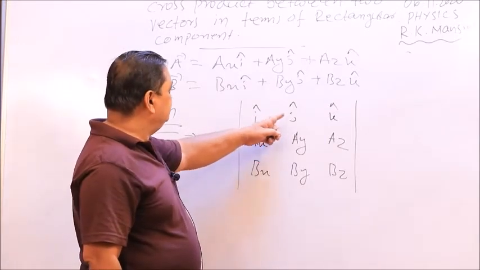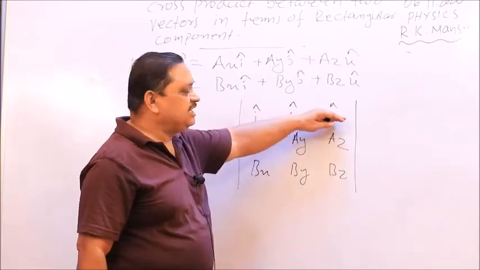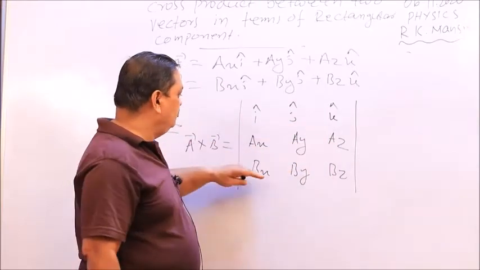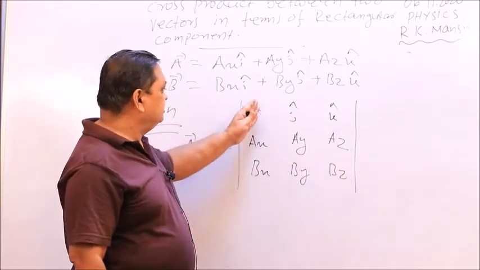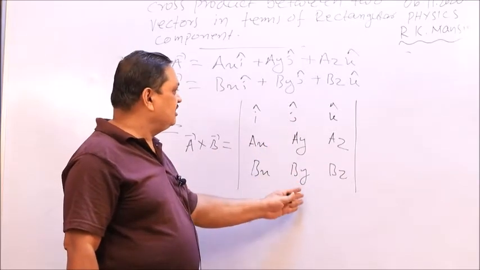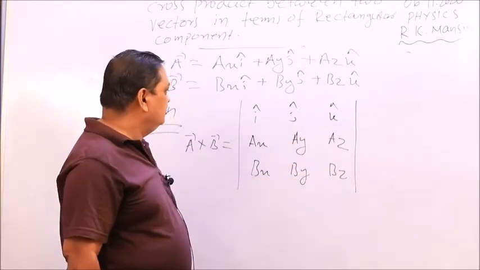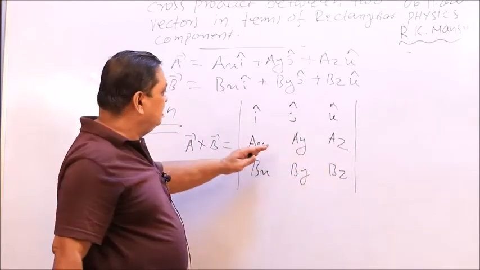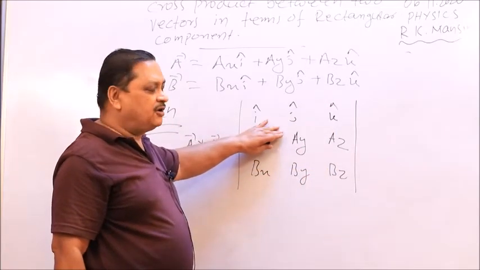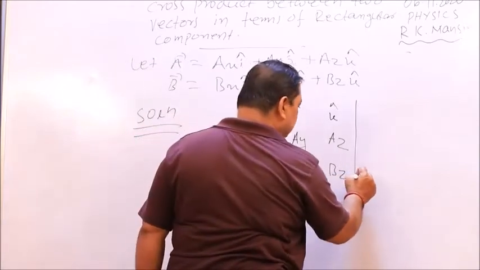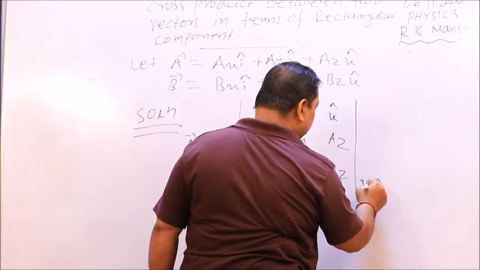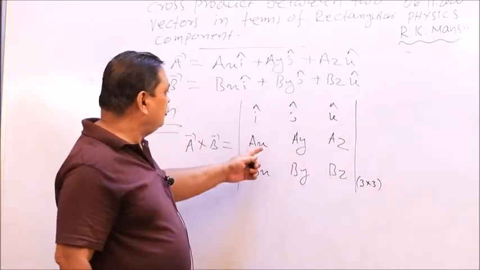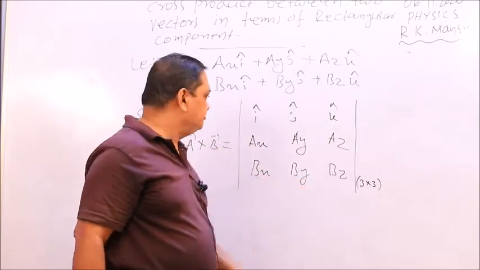This is the first row, this is the second row, this is the third row. This is the first column, second column, third column. The symbol of a determinant is this bar, and it is a determinant of order 3 cross 3, since there are 3 rows and 3 columns.